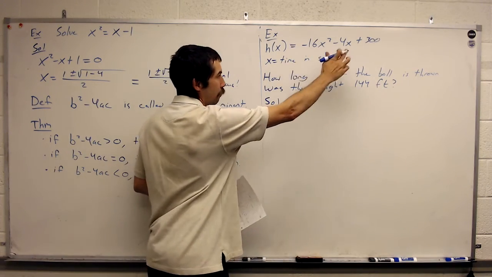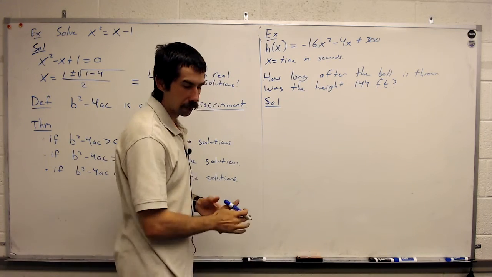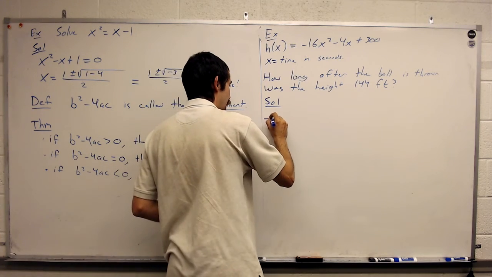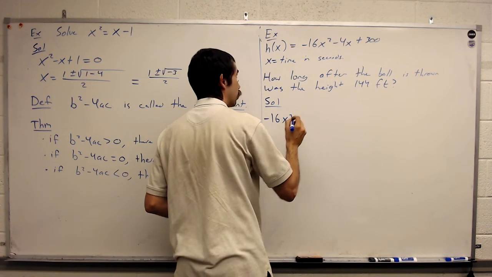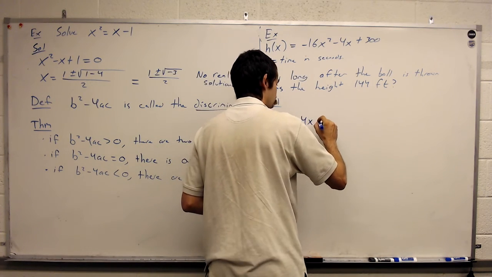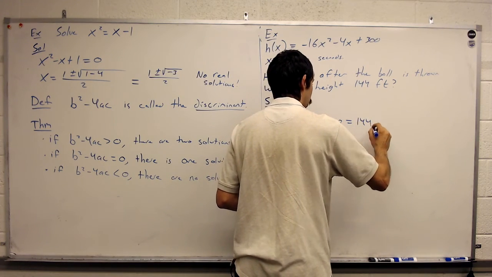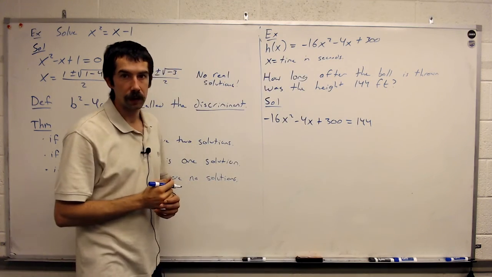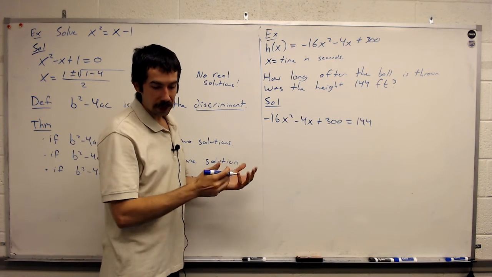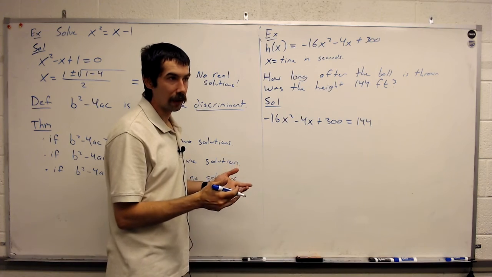Let's take our height function. We're going to set it equal to 144, and then we're going to solve. So negative 16x squared minus 4x plus 300 equals 144. First thing we could do, you might think, let's try to use a quadratic formula.